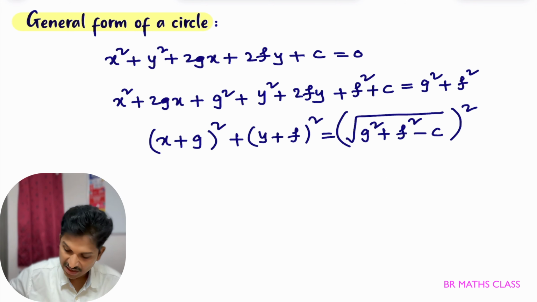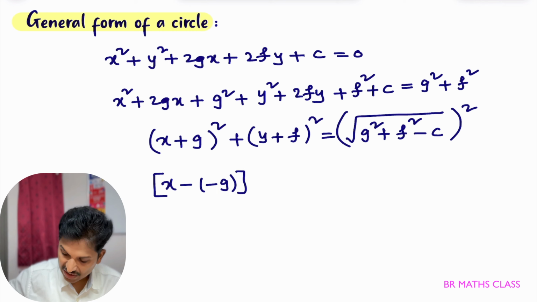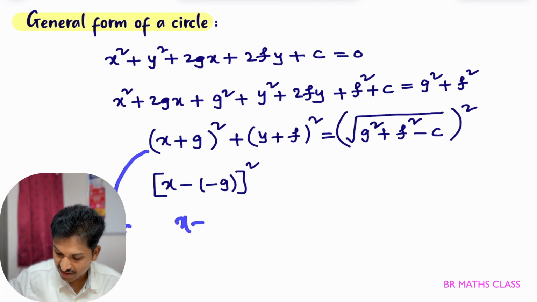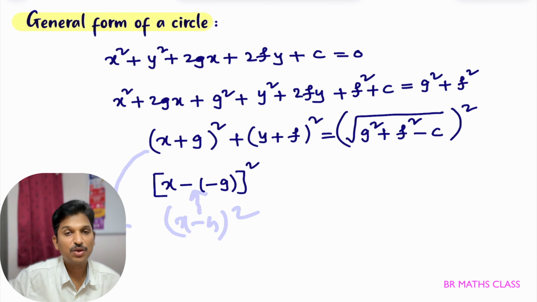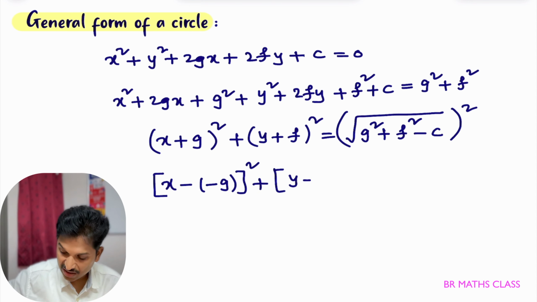Okay. Now finally, this plus g, we can write like this: minus of minus g. You may ask why to write like this? Because I want to write this equation in the form of (x minus h) whole square. Here minus is there. That's why I wrote minus here, plus (y minus of minus f) whole square equals r square.